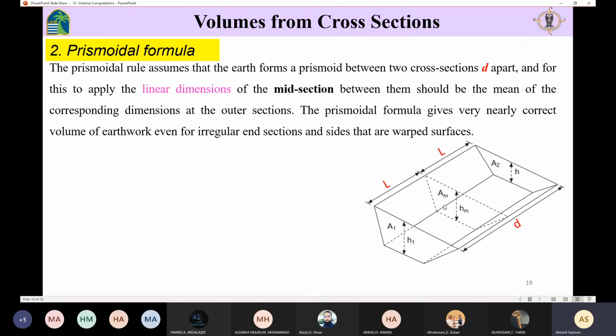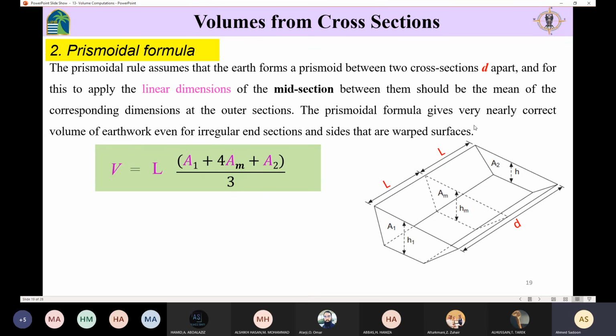So the mean area is formed as a result of the average dimensions of the two corresponding areas. This method is going to give us a very nearly correct volume of earthwork, so it is more accurate than the end areas method, because we create this midsection.